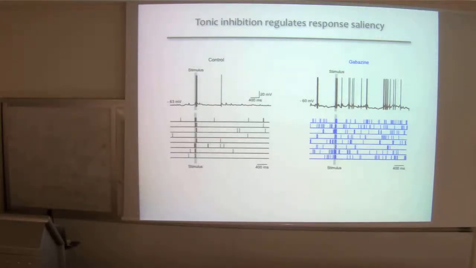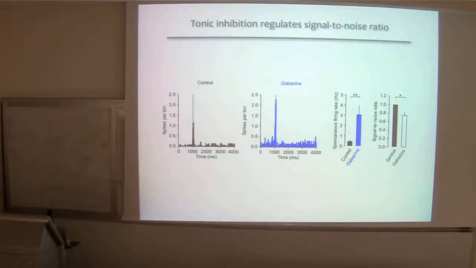So it appears that, to a certain extent, the ability of the granule cell to discriminate the salient sensory inputs or sensory features it was getting is diminished when you remove this tonic inhibition. You can also see that from the peristimulus time histograms. In control here, we see a nice time-locked burst of spikes.